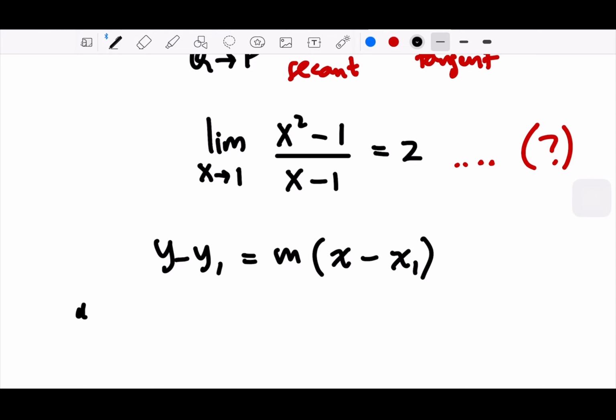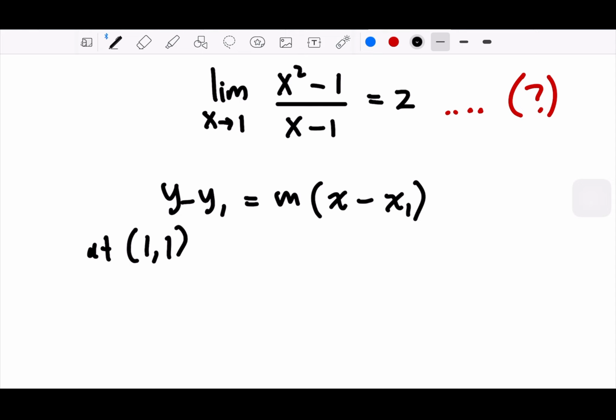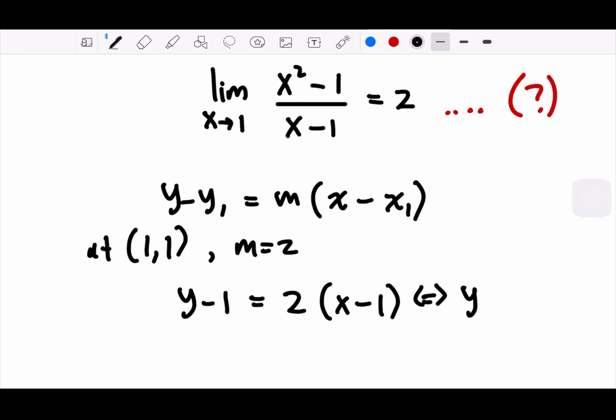So at 1, 1, and at m equal 2, we will have y equal 2x minus 1.